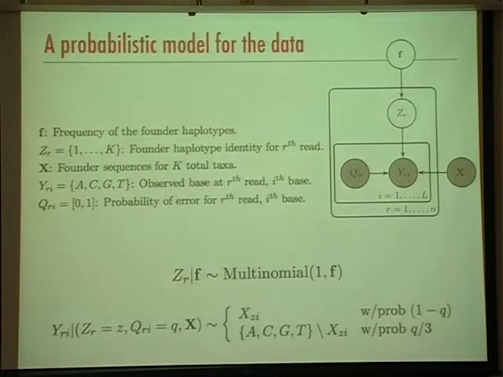Right? And then if you tell me what haplotype a read comes from, and some other information, I can tell you what you would see for the data. So what's that other information? The other information is I need to have a database of the original sequences for the 162 founder lines. That's here in X. Okay? And then I have the quality scores for each of the reads and each base in each read.